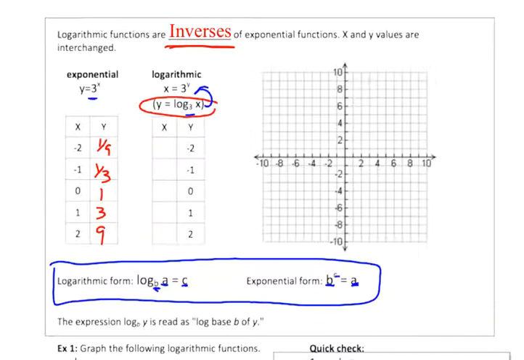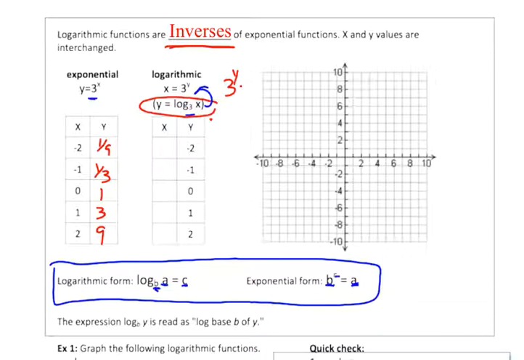So if I'm graphing and I start with y equals log base 3 of x, I would want to change it to exponential form. I'm thinking here my base is 3, my power is going to be what the log equals, so my power is the y.